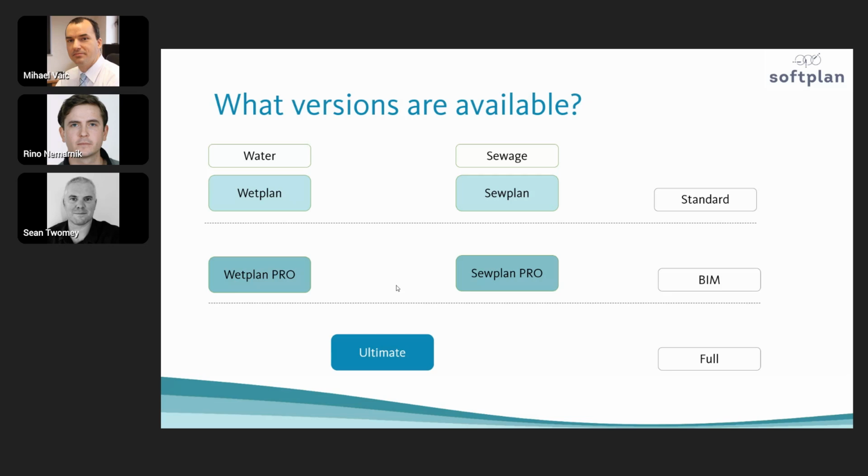If you are planning on using these more advanced features like this trench for multiple pipes, or if you really need to go heavily into data import export, with Google Maps, with shapefile, with IFC and all this stuff, then you probably need the Pro version or the Ultimate version. So the Ultimate version is essentially everything for water and everything for sewage combined into one. Okay, but we don't need to go into details right now.